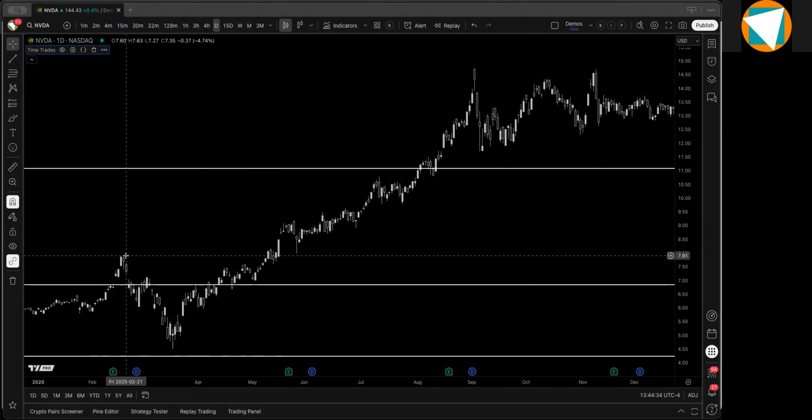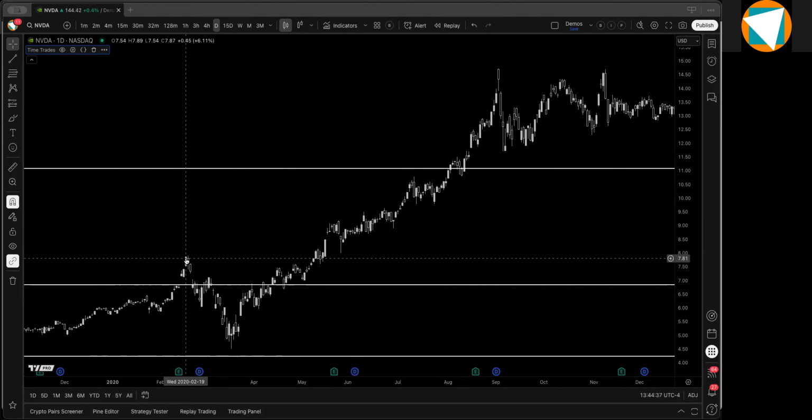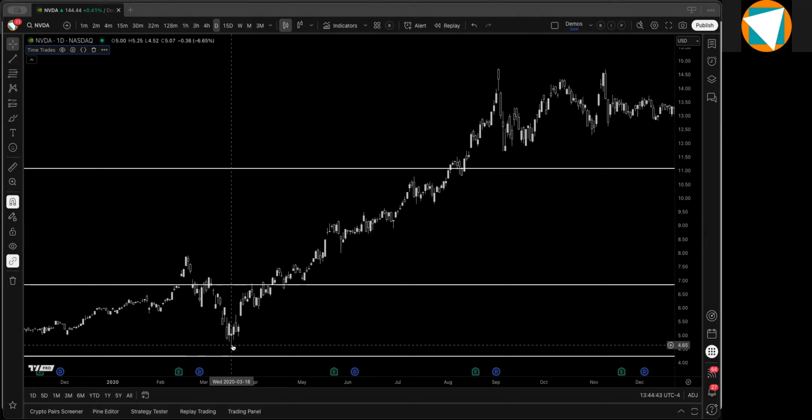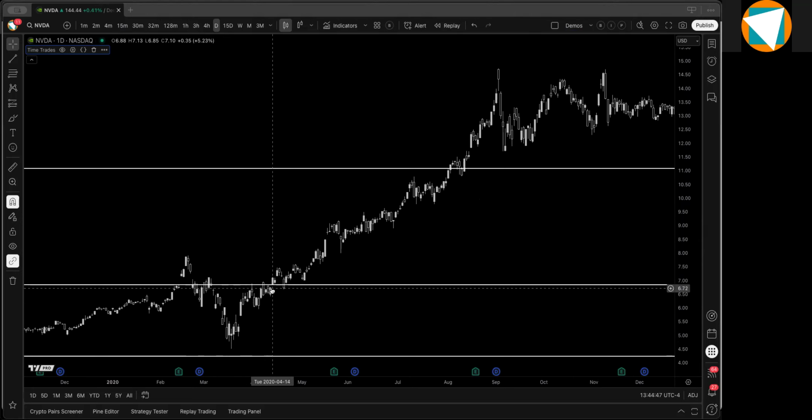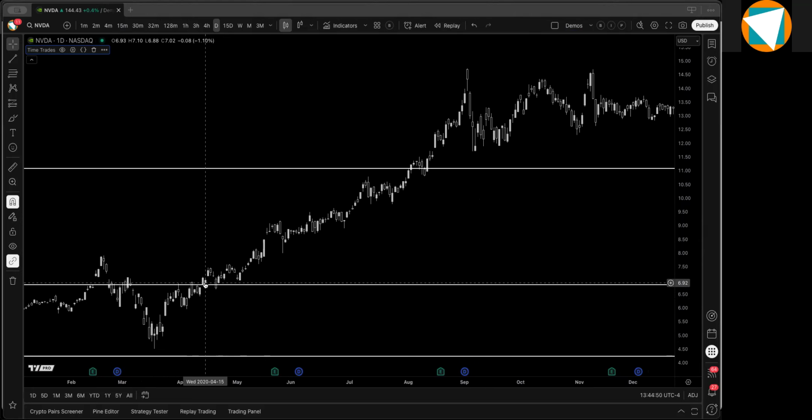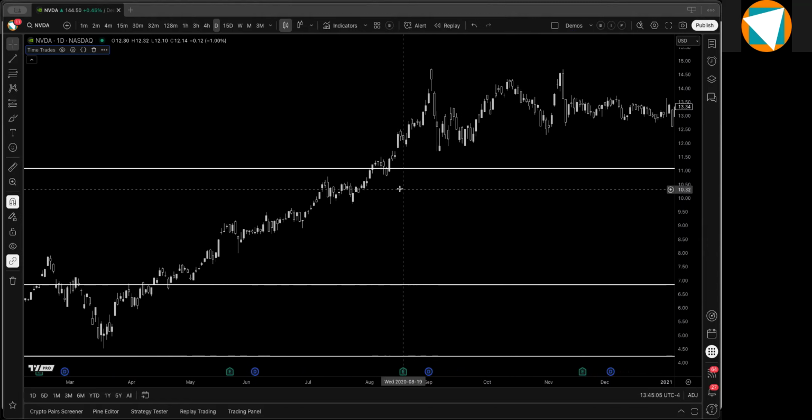You can see here on the first attempt of NVIDIA in February 2020, it failed and it fell back into the range with the COVID crash, with everything else. But then it came up and tried again, and we got basically a gap up over in April 2020, and then a successful retest here as it never re-entered the range or separated below it, and then it continued up.